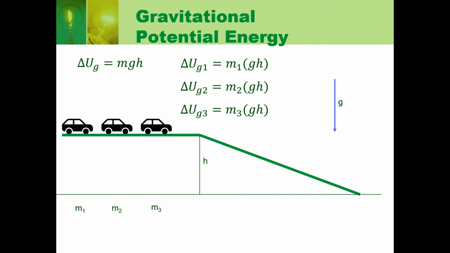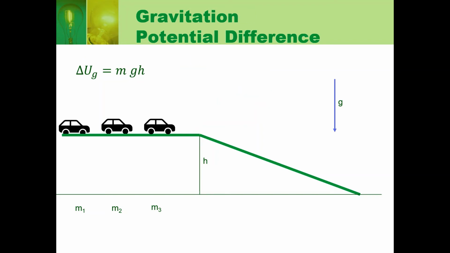Each of the cars, because they may have a different mass, may have a different potential energy. Instead of calculating each car's potential energy separately, we could calculate the quantity g times h one time, and then multiply that by whatever mass we raise to that same height.